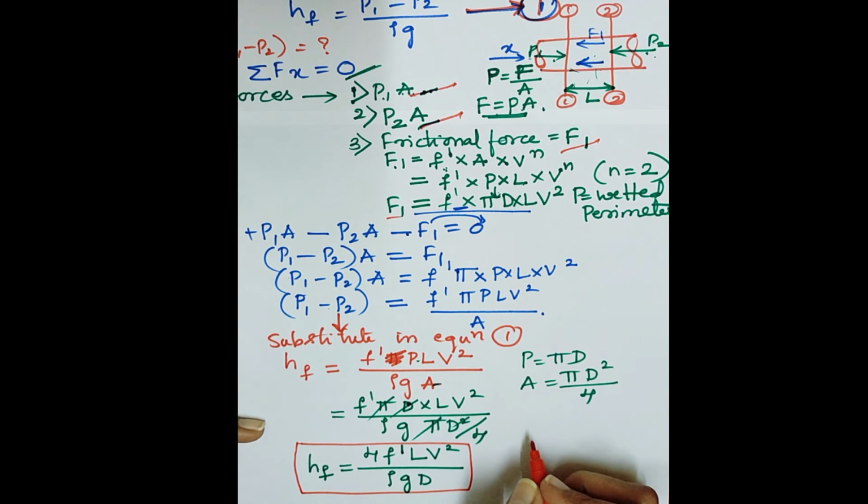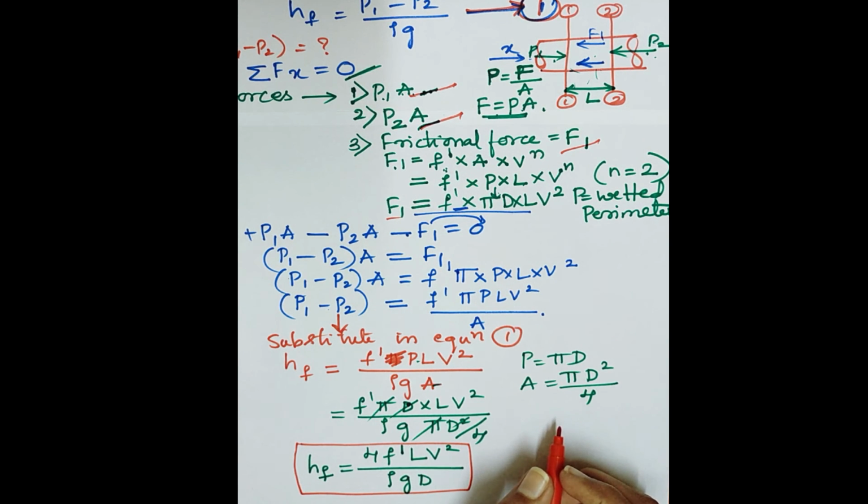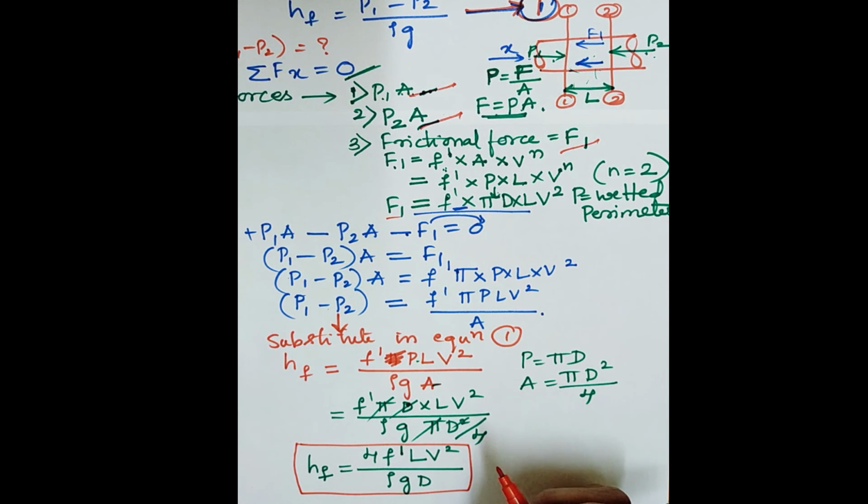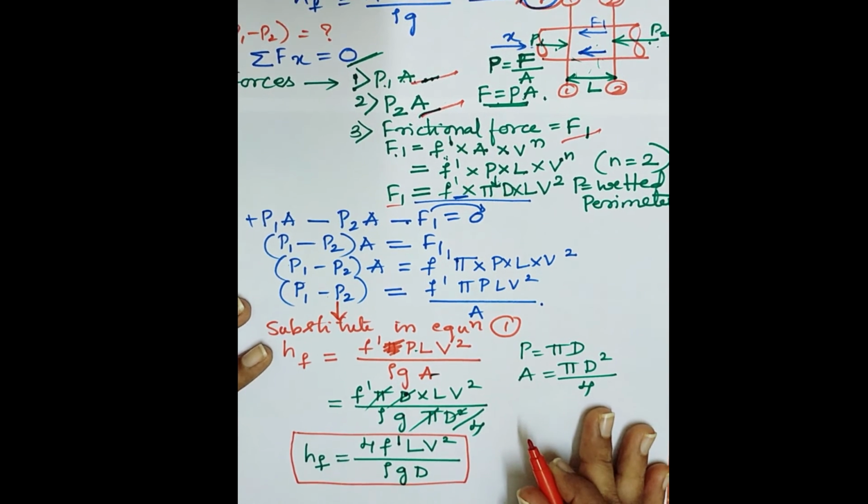So that is the equation for head loss due to friction. And here, what is this F dash? F dash is the frictional resistance.